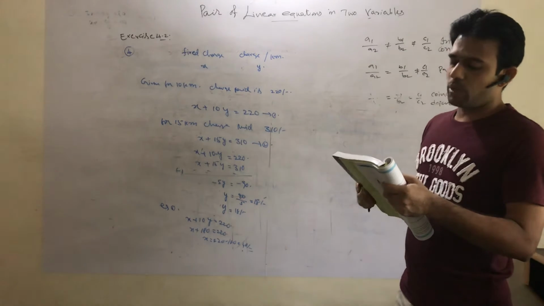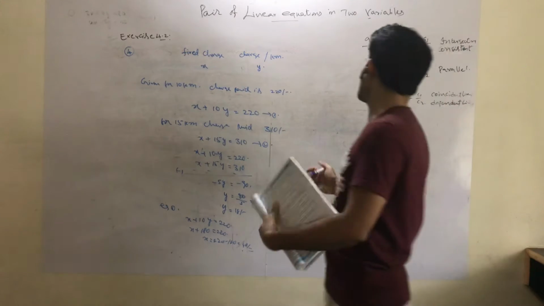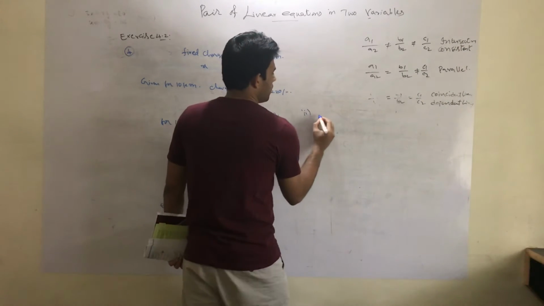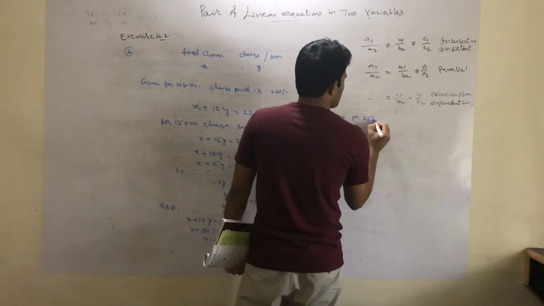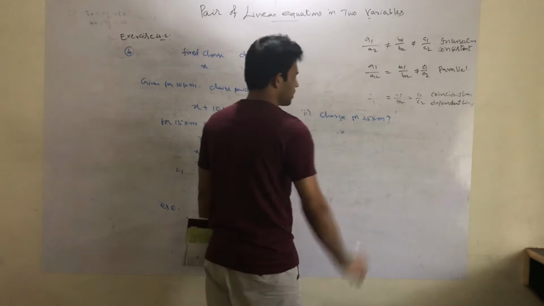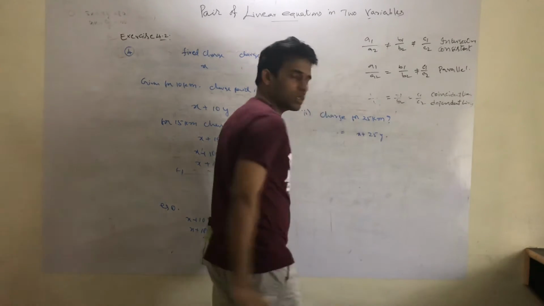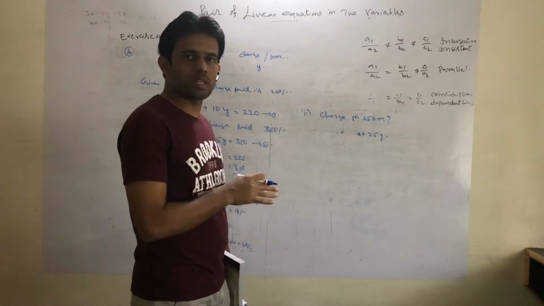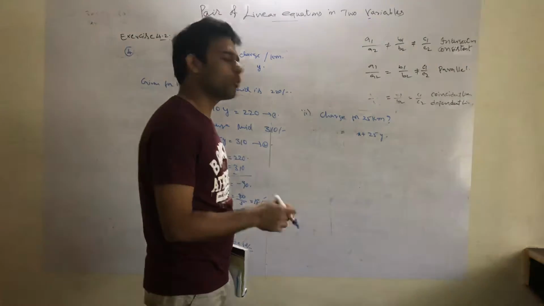Now the second problem: how much does a person have to pay for traveling a distance of 25 kilometers? The charge for 25 kilometers equals x plus 25y. x is the fixed charge that applies to any journey, plus 25 kilometers into the charge per kilometer.